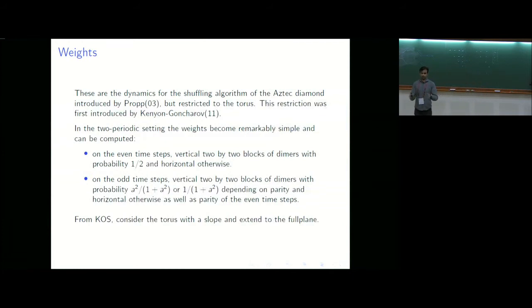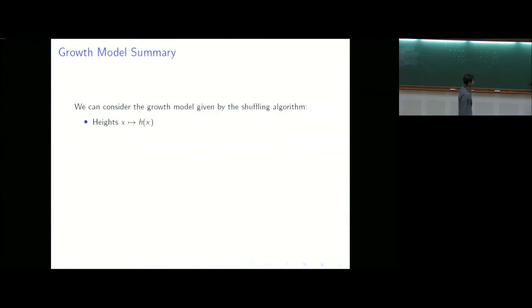Right, so the nice thing about defining these for the torus is that we can then extend it to the full plane, so we'll get dynamics on the full plane. And that's what we did. So just as a summary, what we've just shown is that we can consider a growth model run by domino tilings, by the shuffling algorithm.